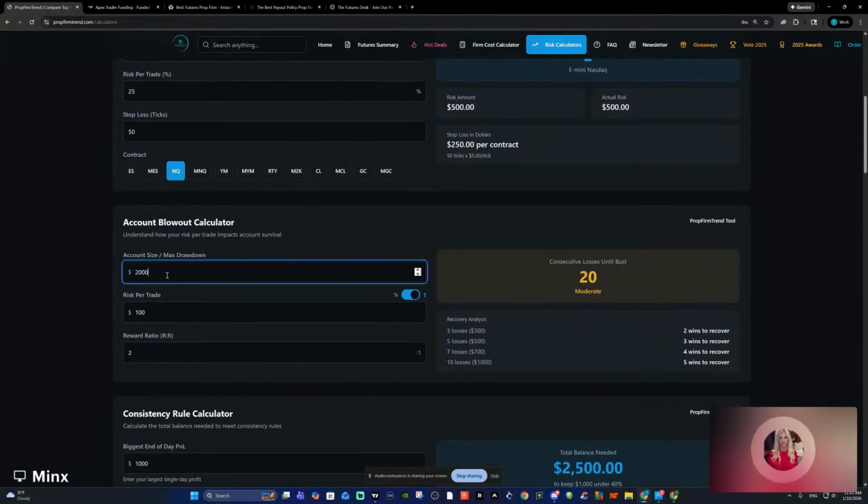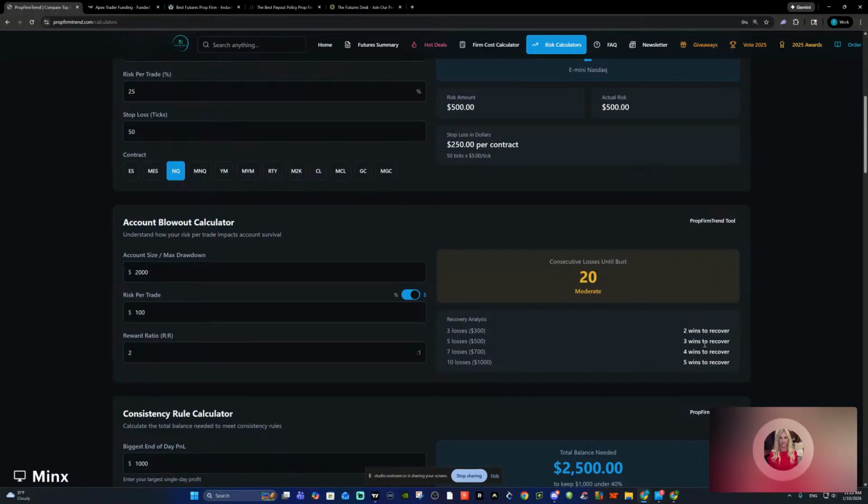And even here, if you look at the account blow up calculator, if you are at 2,000 and you're risking $500, 4 consecutive losses, your account's done. Okay, you don't want that. If you're risking $100, you can have 20 losses until you lose the account.